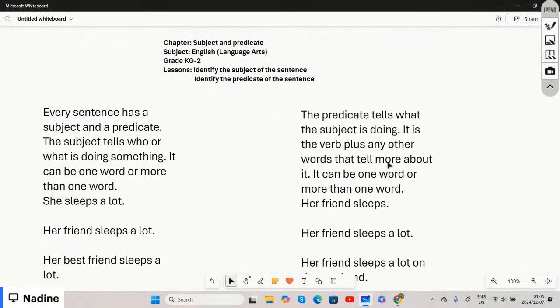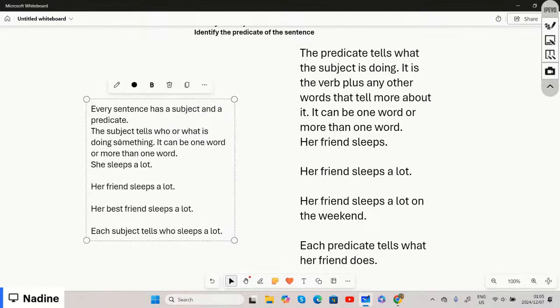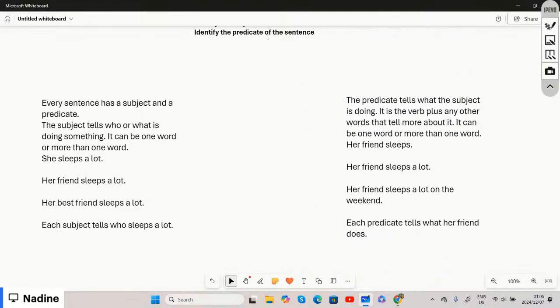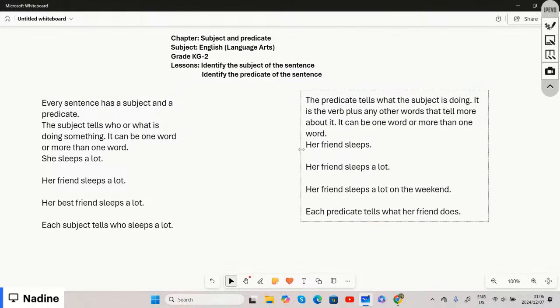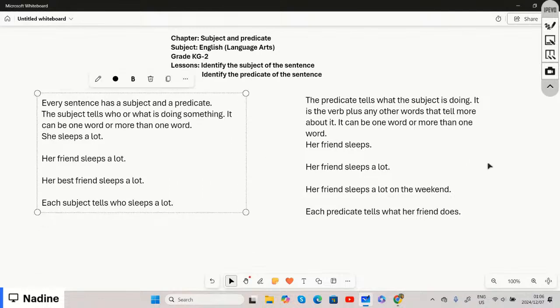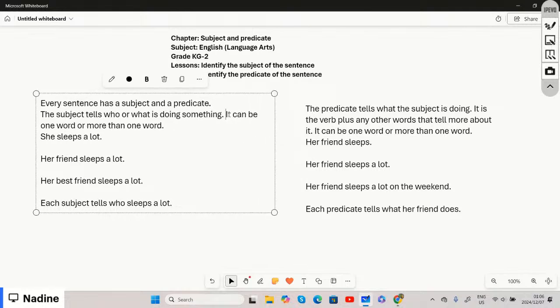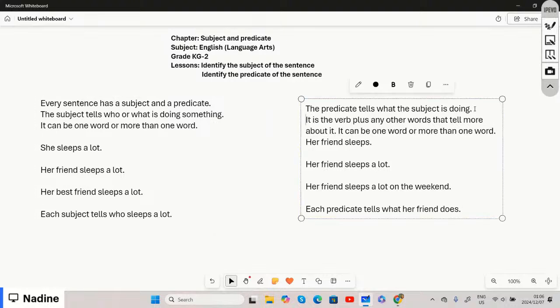All right. So we see our chapter is subject and predicate. Our subject is English language arts. We're doing kindergarten to grade 2.